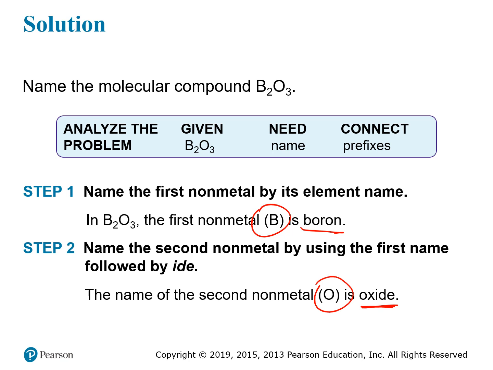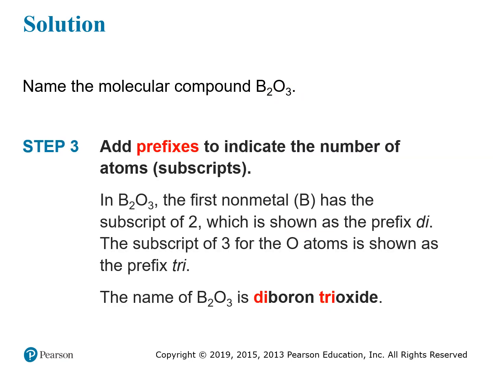But there may be multiple ways that these can combine together, so we want to add prefixes to those words to indicate these numbers here, the number of atoms in the molecule. So again, B2O3 means that you have 2 borons. The subscript 2 means there are 2 boron atoms in this molecule, and that refers to the prefix di.